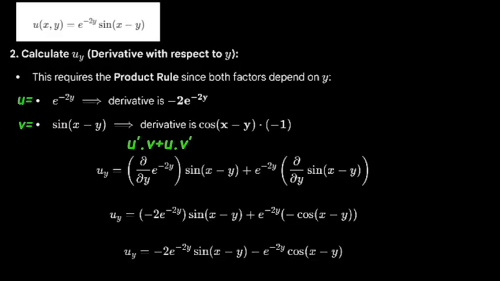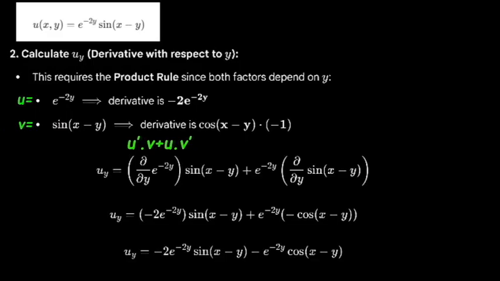So the derivative of e to the power negative 2y is going to be e to the negative 2y multiplied by negative 2. That negative 2 we have gotten from the derivative of negative 2y with respect to y. Then we put sin(x minus y) plus. Now for the other term, u we take as it is, but for v we find the derivative.